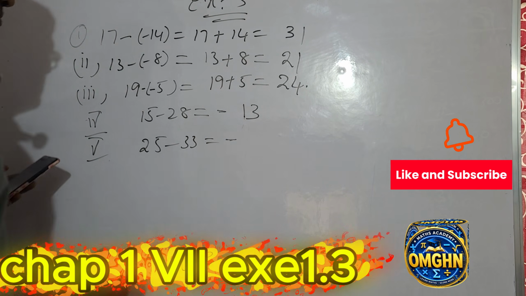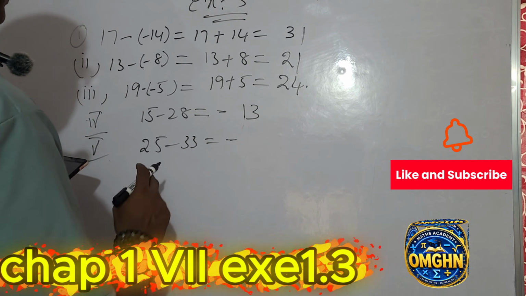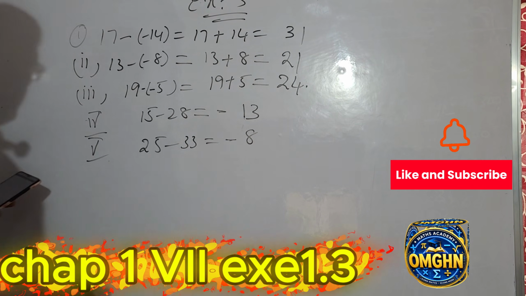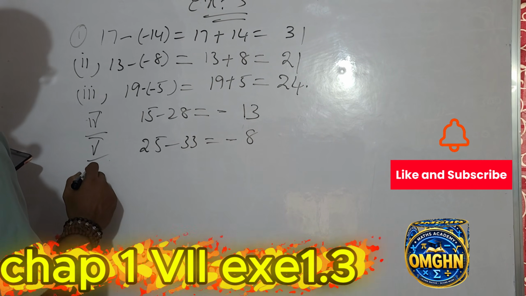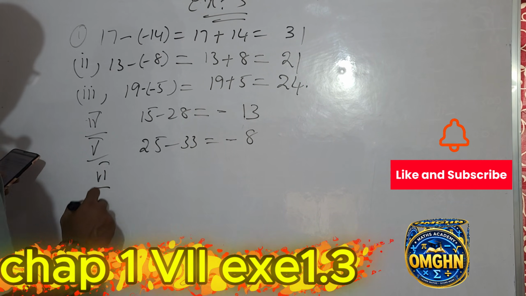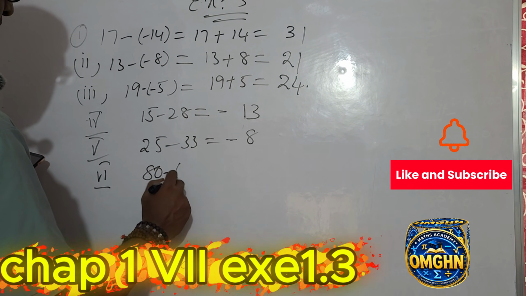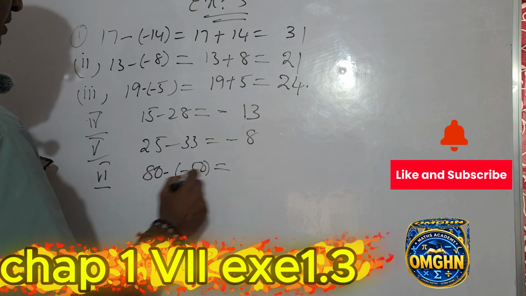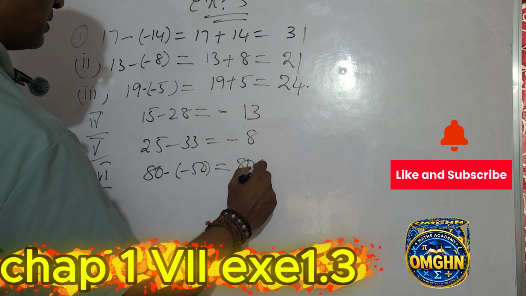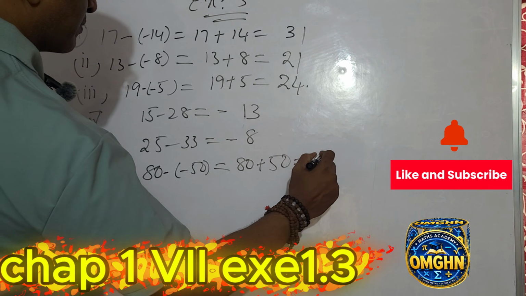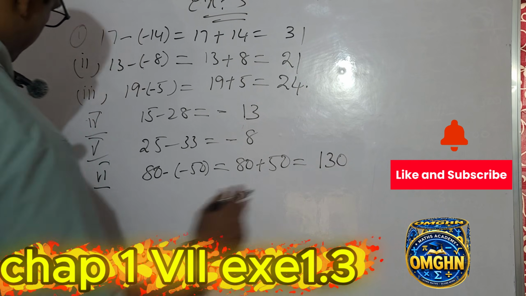So minus 8. Sixth sum. 80 minus of -50. Minus into minus it will become plus. Answer is 130.